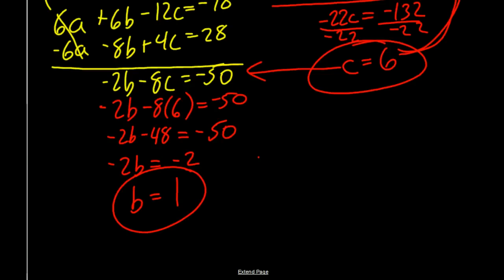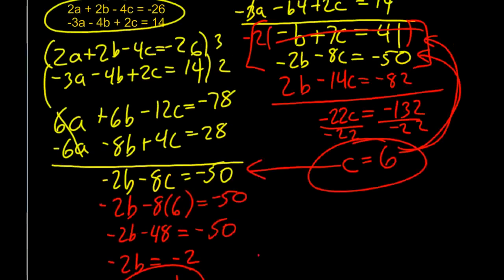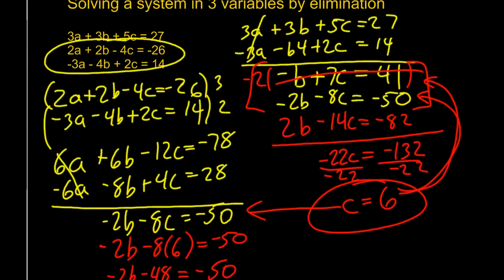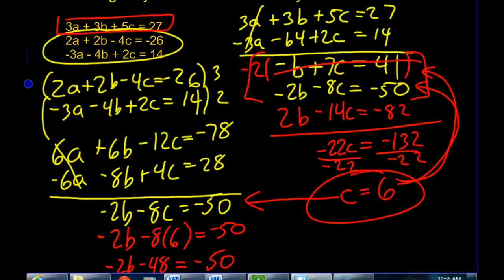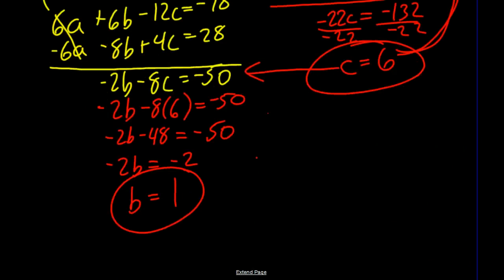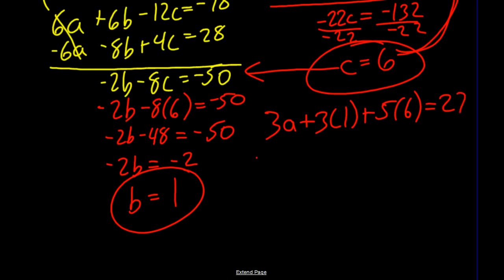To finish off the last step, we have to go back to the beginning and pick one of these equations. I'll take the top one. 3a plus 3b plus 5c equals 27. We know b and c.